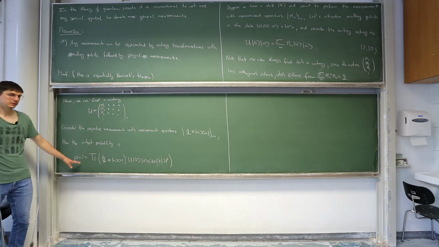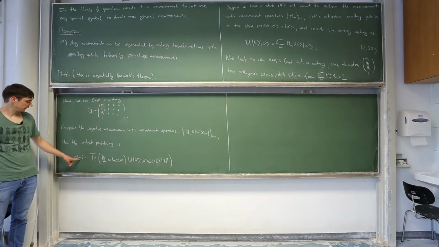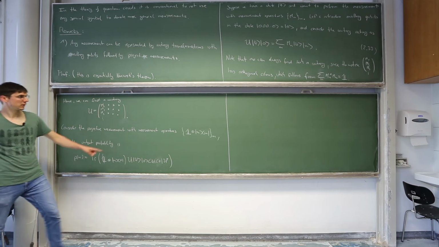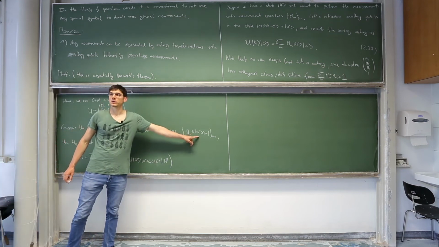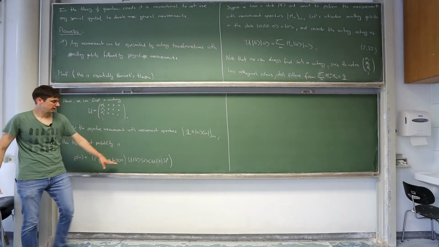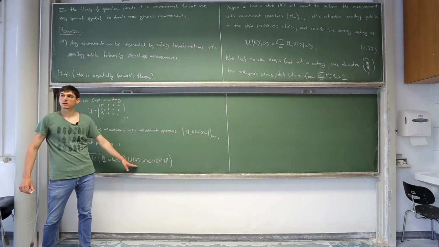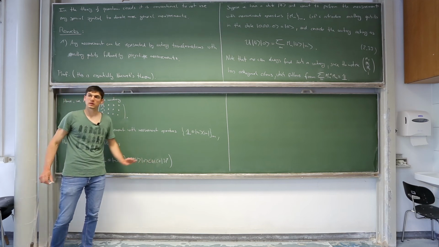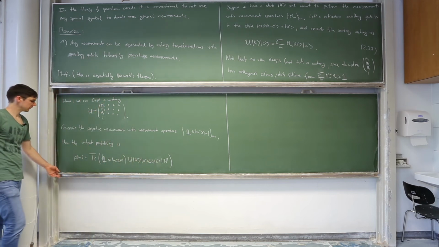Okay, this is the probability to get the outcome M corresponding to this projector, right? So we have here this projector, and here we have our state. First the ket and then the bra. And now let's calculate this.